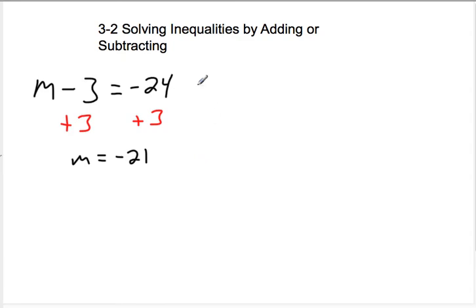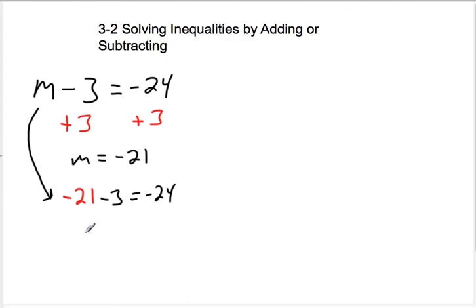What I notice when I look at a lot of your tests, the problems that you're missing, it's obvious to me that you're not plugging in your answers to see if you got it right. Once you get an answer, m equals negative 21, an easy way to check is to plug in this value where the variable was. So I'm going to plug in negative 21 for m, and then we have that minus 3 equals negative 24.